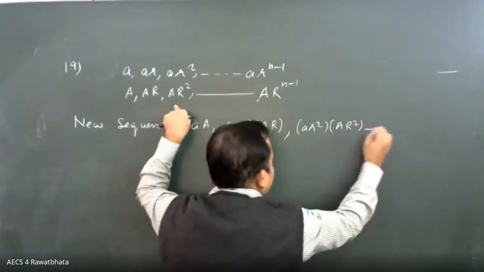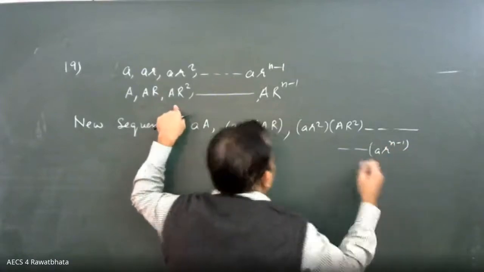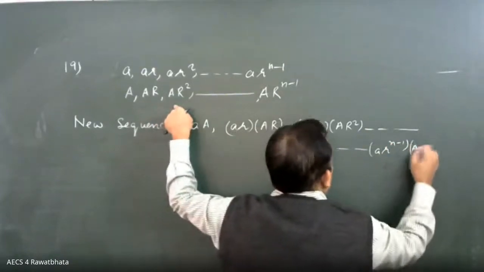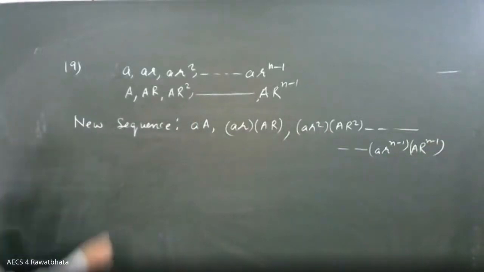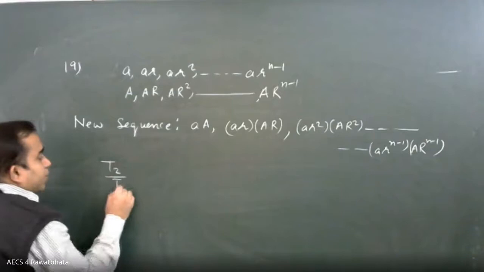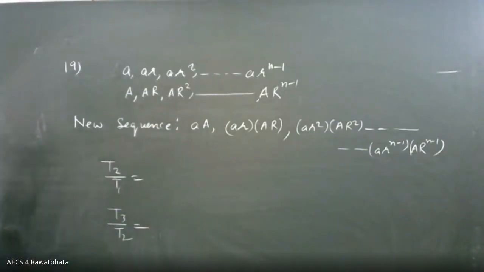This will be the resulting sequence. I have to show that it is a GP, so you can find the ratio between term 2 and term 1, and term 3 and term 2, and we can declare.